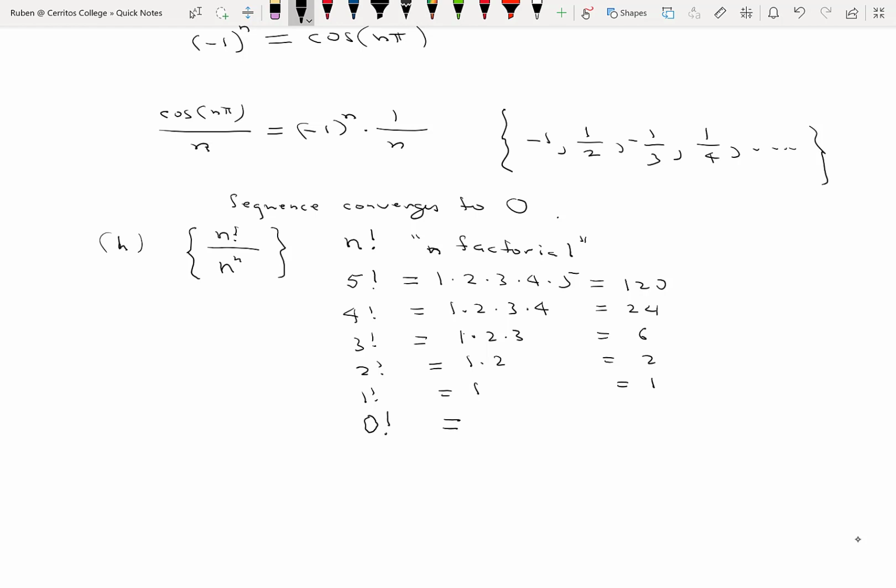And 0 factorial, what is 0 factorial equal to? The most common response I get from students is 0. But it's actually 1, and it's 1 simply by definition. It's made equal to 1 so that stuff works out.